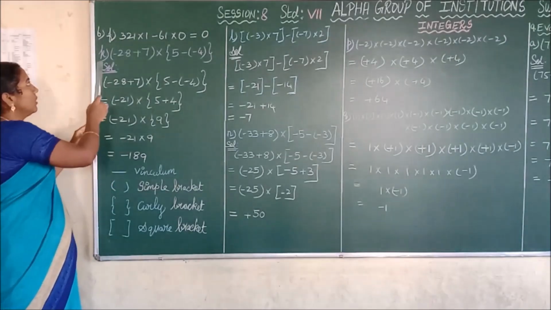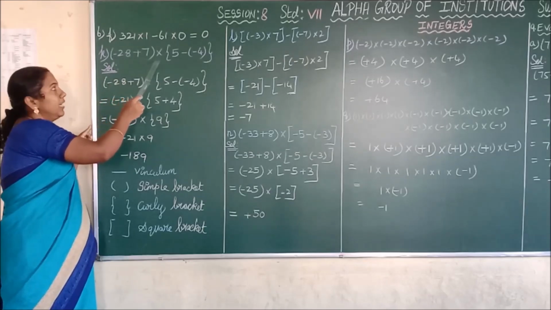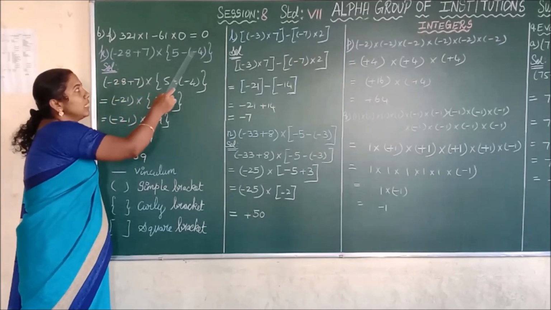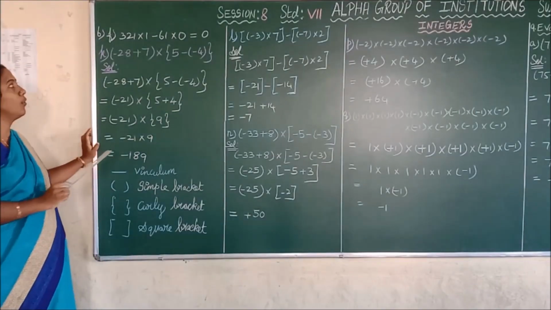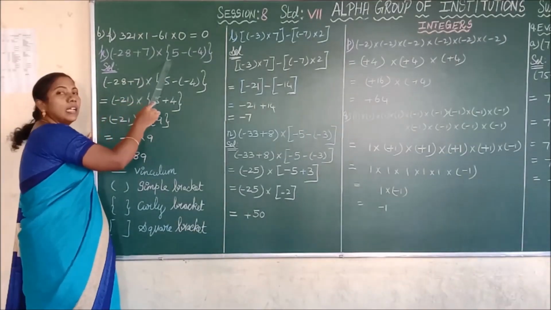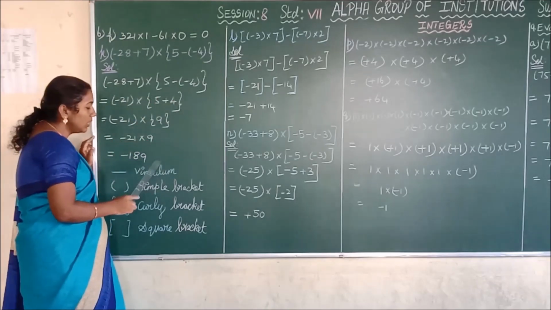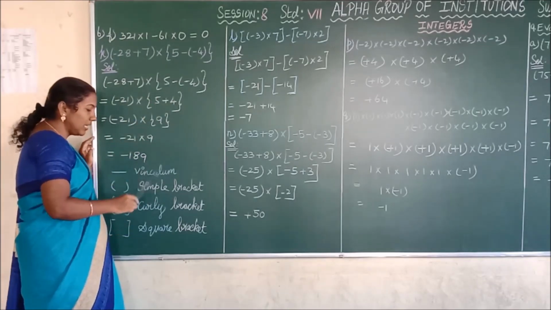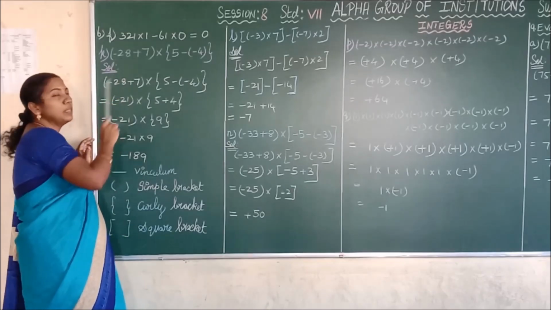Okay, see the question subdivision A. Minus 28 plus 7 into 5 minus of minus 4. What are the types of bracket involved here? Simple bracket, curly bracket. Okay, this is also a simple bracket. By using the order of opening the brackets, first we are opening the simple bracket here.